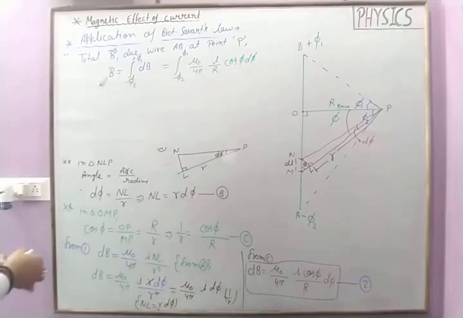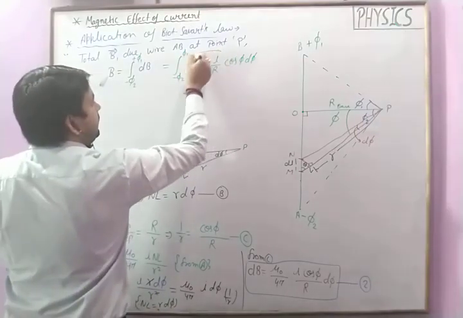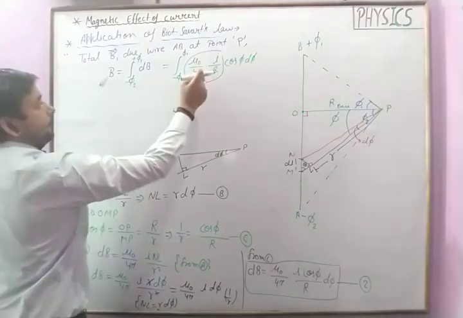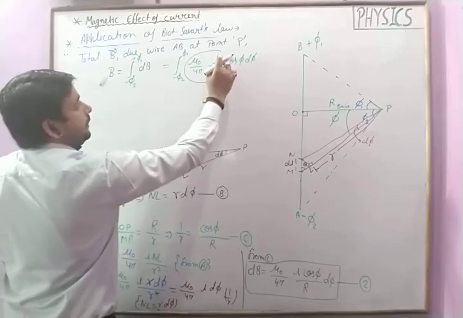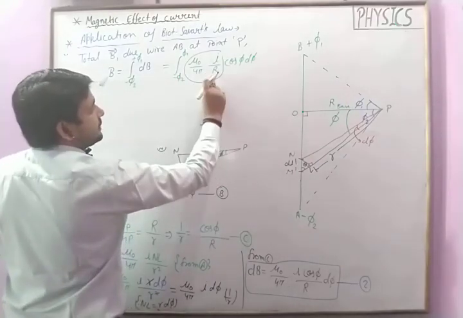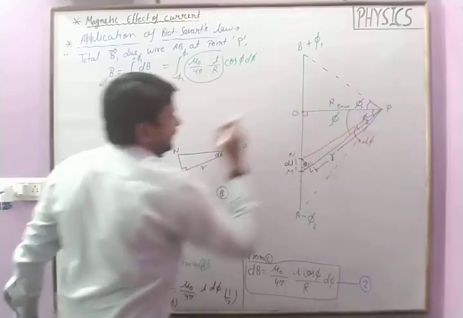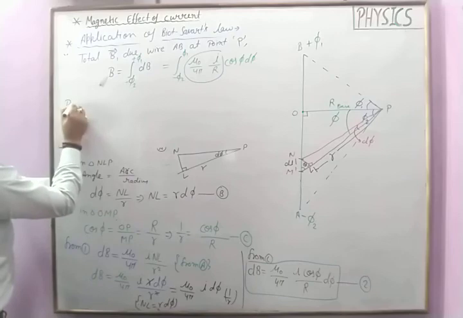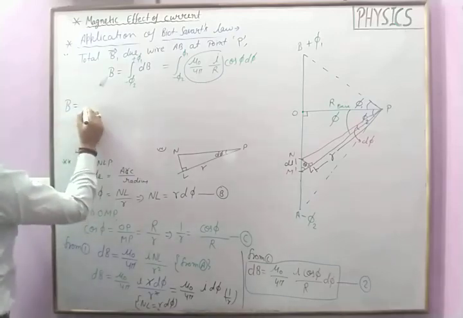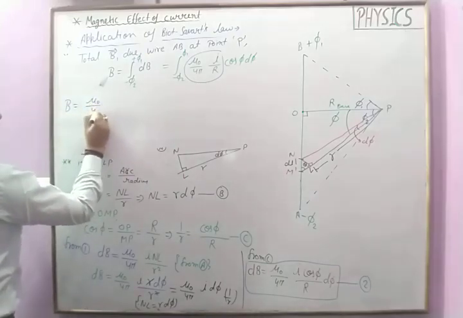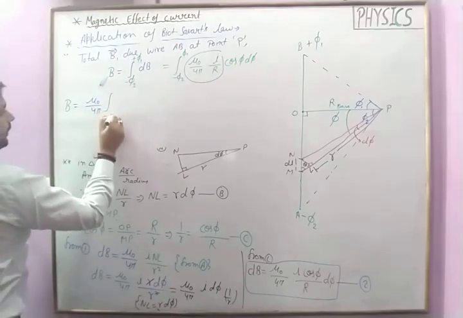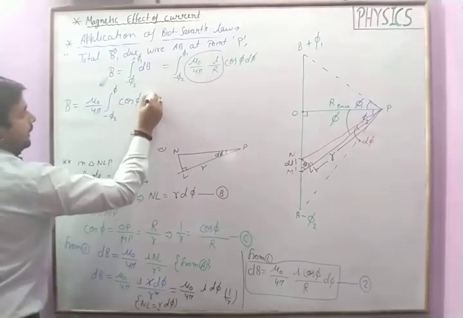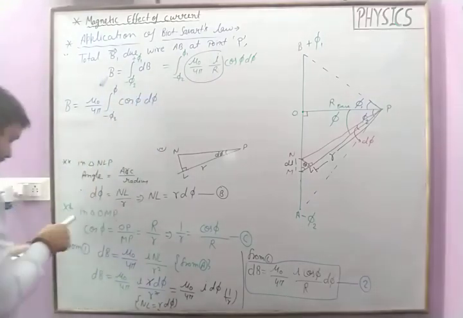Okay, so in this last expression, mu naught upon 4 pi is a constant, and I is current, which is also constant, and this r at the point P where we need to calculate the value is also constant, taken out from the sign of integration. So we get mu naught upon 4 pi I upon r integration of -φ2 to φ1 cos phi d phi.